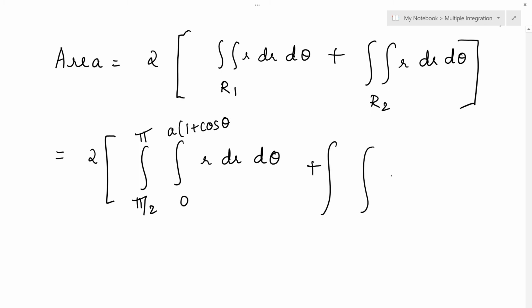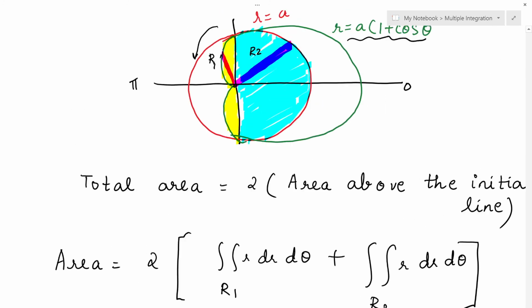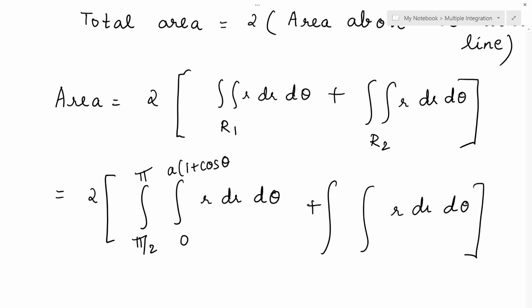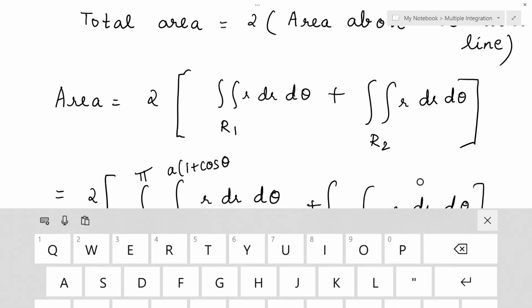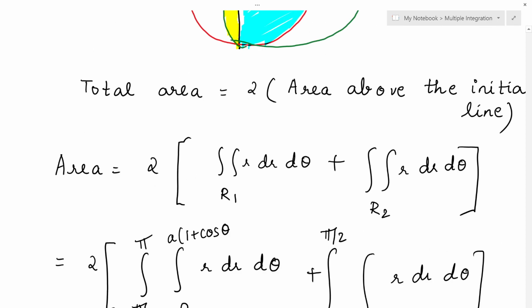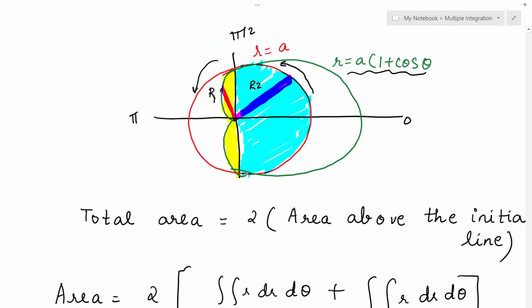Now we'll see region 2. Let's find the angle first. Region 2 travels from here till here, that is in the first quadrant. So it is obvious: 0 to pi by 2. And again in region 2, for the inner limits, look at the strip: it starts from the origin and touches this red curve.